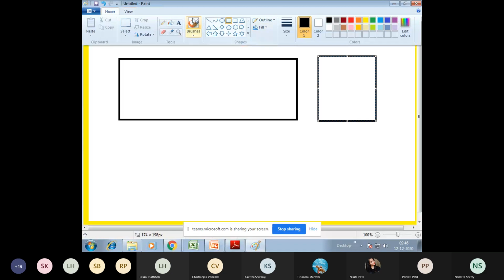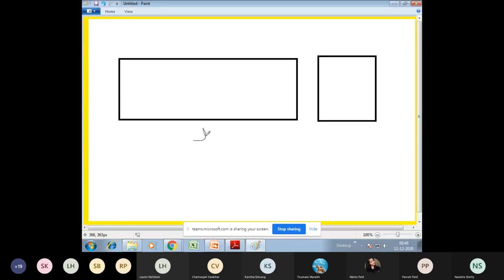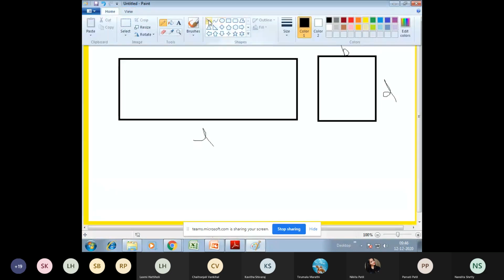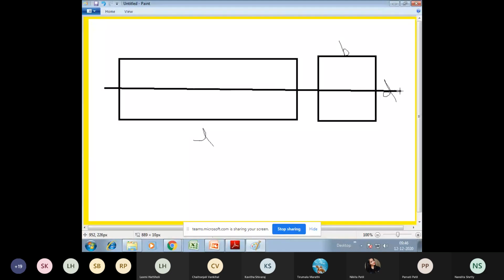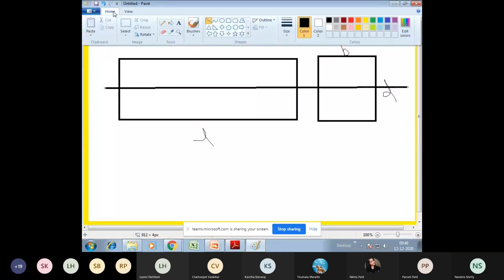In the longitudinal section, you are going to observe the length of the beam. This is the breadth of the beam, and this is the depth of the beam. And where is your neutral axis? This is your neutral axis, NA, somewhere at the center.